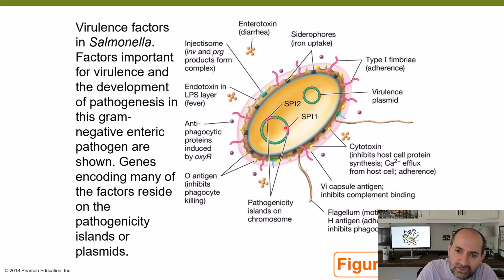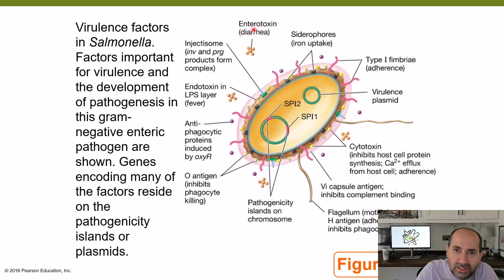And these stretches of genes contain large numbers of virulence factors. And look at this. Here are just some of the virulence factors of Salmonella. And you can start to gain an appreciation for just how virulent Salmonella is by looking at this list here of different types of virulence factors.